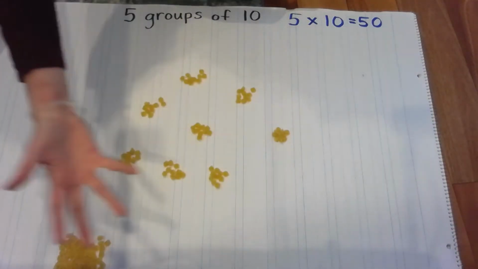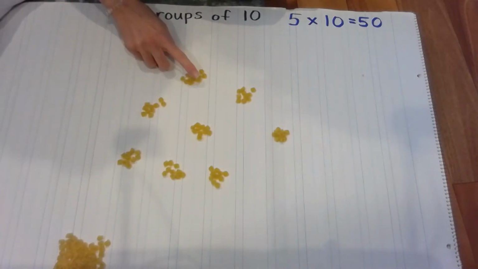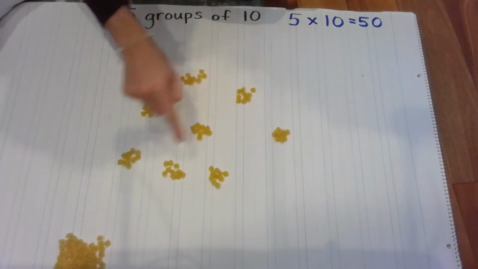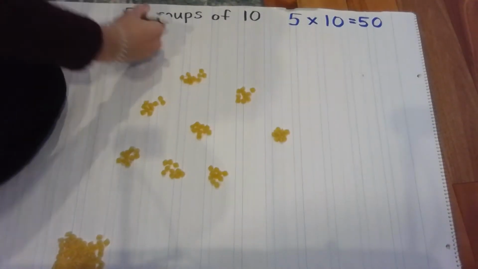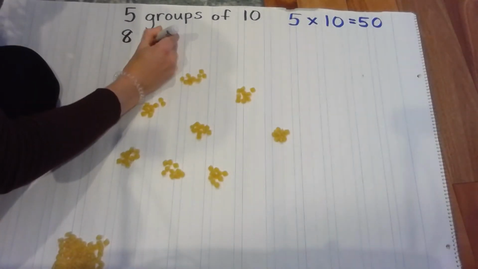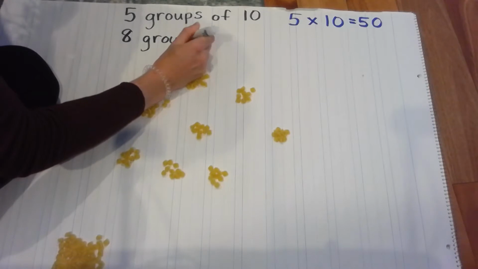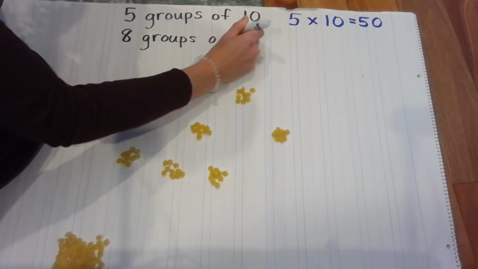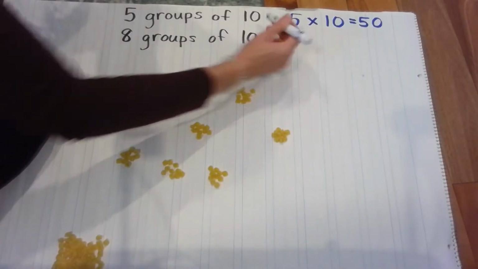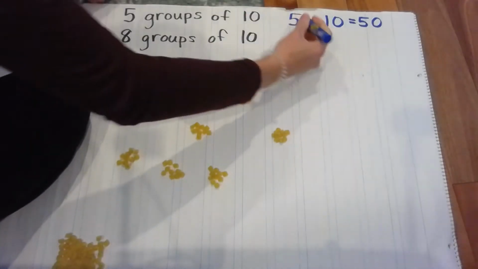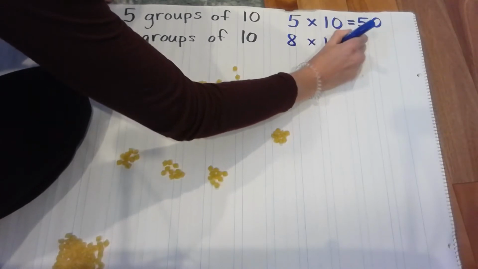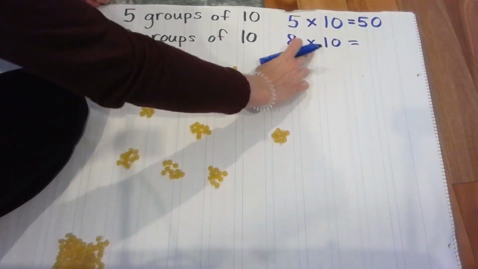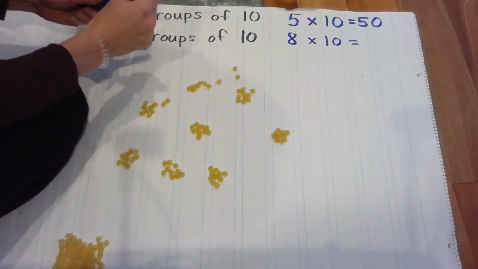How many groups of 10 do we have now? 1, 2, 3, 4, 5, 6, 7, 8. So we have 8 groups of 10. It's the same thing as writing 8 X 10, or 8 times 10 equals, how do we figure out what it equals?